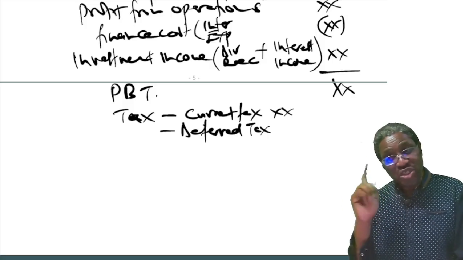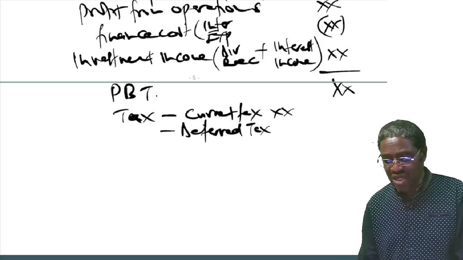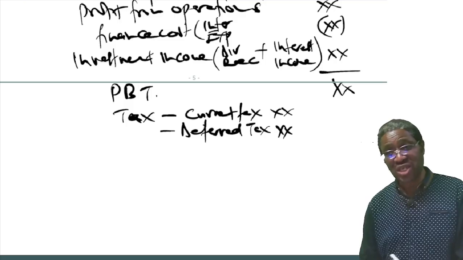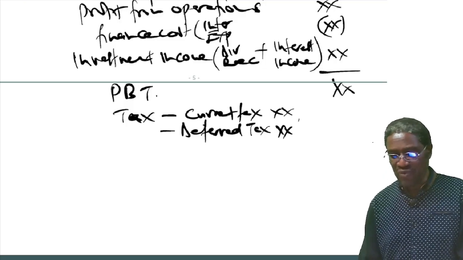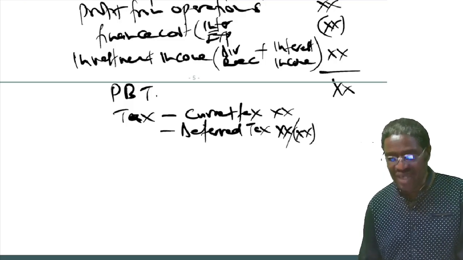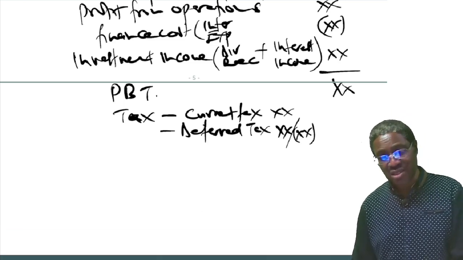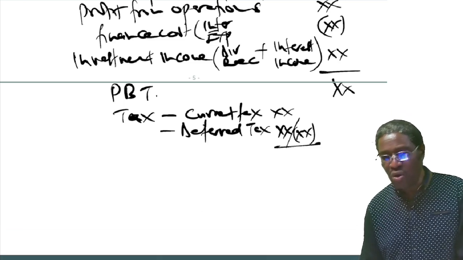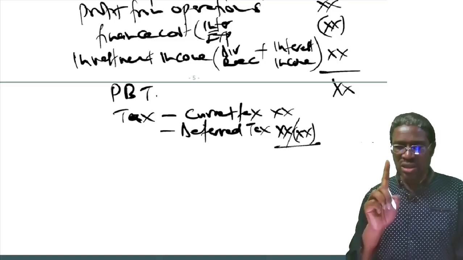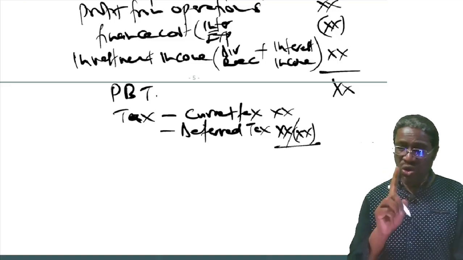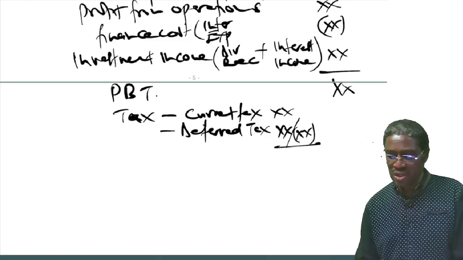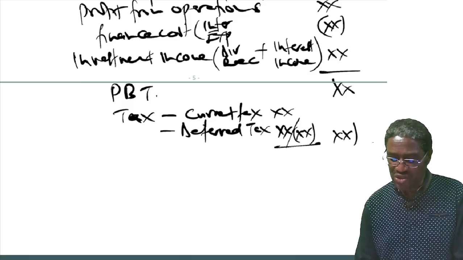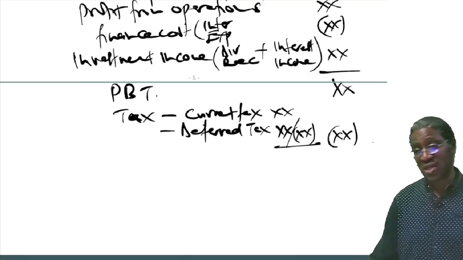If we shall be adding it, then we add it to the amount of the corporation tax or current tax. If we shall be deducting it, then you deduct it from the amount of the current tax, so that you get what we call the net tax expense.